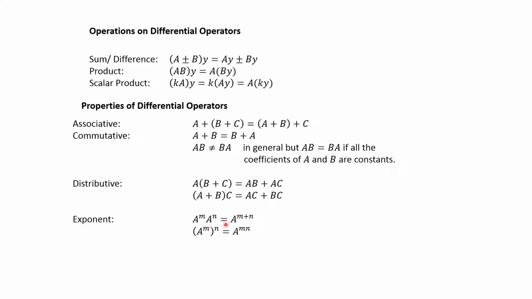And for the exponent, if you multiply A^m times A^n, you just add the exponents, A^(m+n), and raising A^m to the n gives A^(mn). For exponents, only addition and multiplication hold.